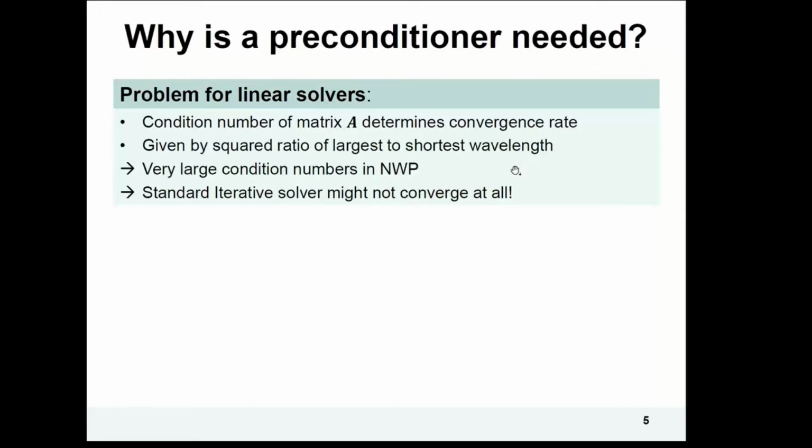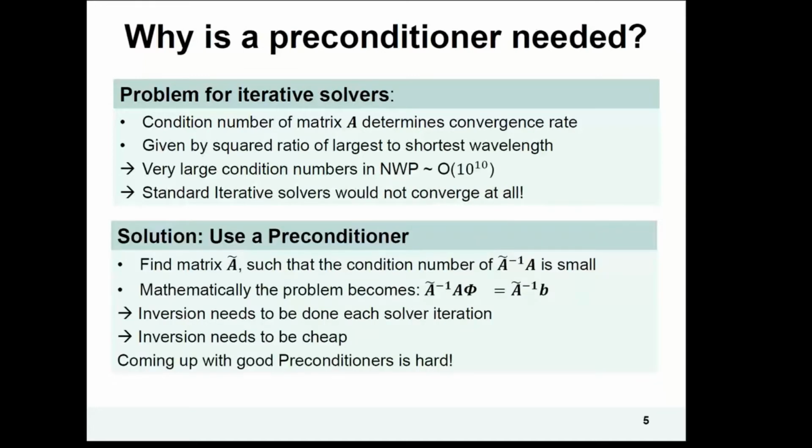If you think about large global waves, and at the same time about these small waves that you can encounter in the vertical grid, you see that this number is really, really large in NWP. And so if you just take a standard out-of-the-box iterative solver, it might not even converge at all because the increments are below the machine epsilon.